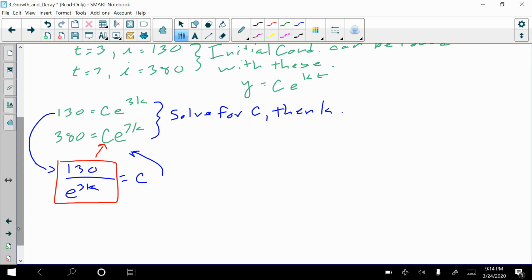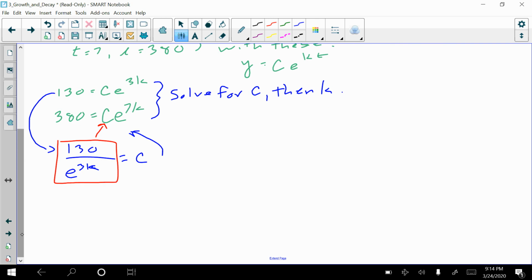So now I'm going to be able to say I have 380 insects equal to 130 over e to the 3k, multiplied by e to the 7k power.